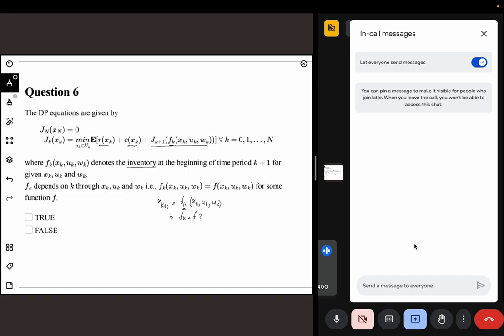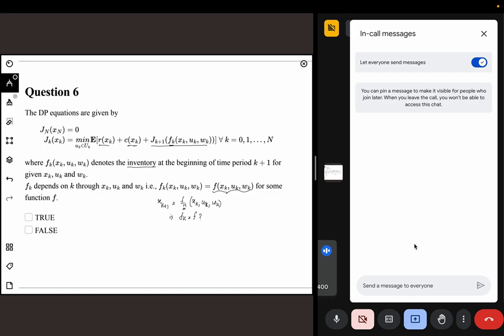To put it in words, what I'm trying to ask here is, this transition from a given state to the next state, is it something that is going to change with time or not? So the value of this function is going to change with respect to time. But what about the functional form?